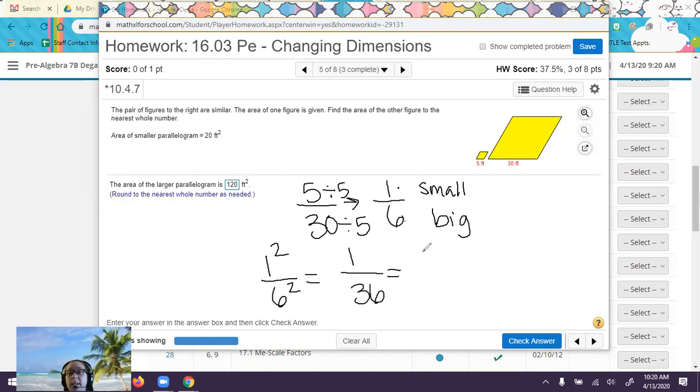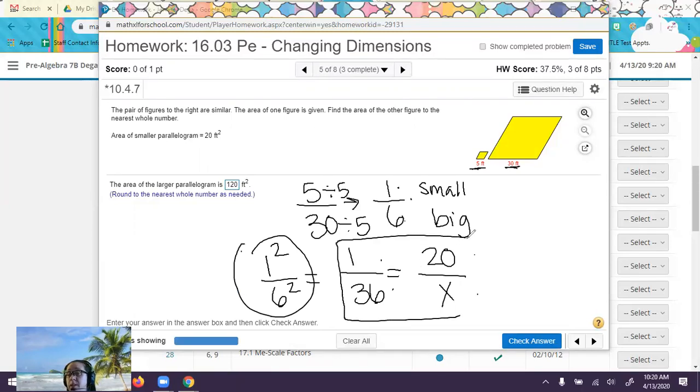Now we're going to bring in that area. Small to big, small to big. So you first get the ratio of the sides, reduce it, square it, then you set up that proportion.